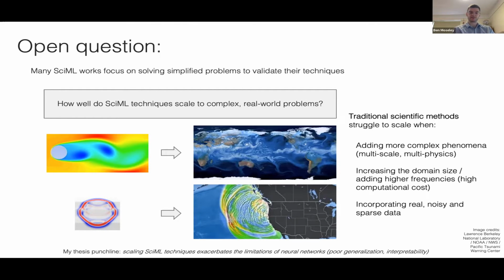It exacerbates these problems. So these problems come back to the surface. The networks struggle with their generalization, with their interpretability, and they're difficult to optimize. I think this is a big challenge for us and an exciting one for sure.